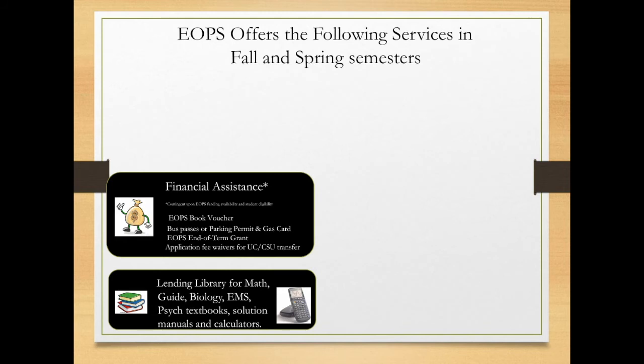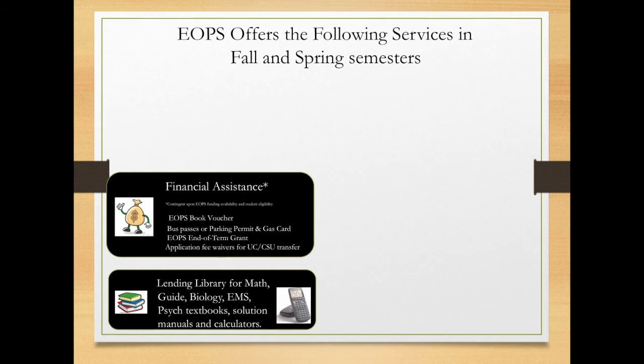We didn't want you to have to buy a $50 or $100 graphing calculator only to use it for one semester. We also have the Guide 1 Career and Life Planning textbook, the Introduction to Biology, which is Bio 17. We have the Emergency Medical Services. We have some of the psychology textbooks. So our goal in every semester is that between the bookstore voucher and the lending library, you're not going to have to pay anything for your textbooks.